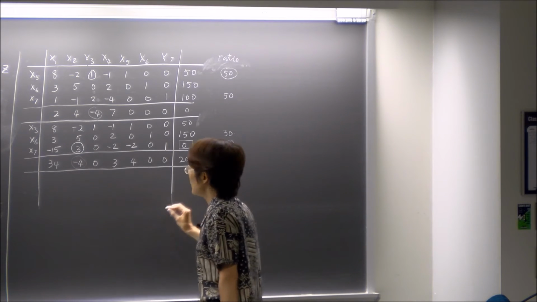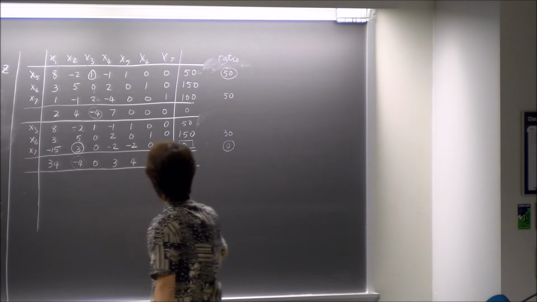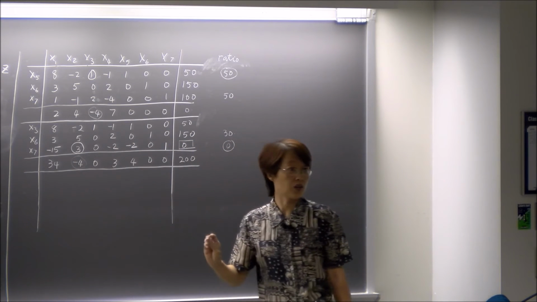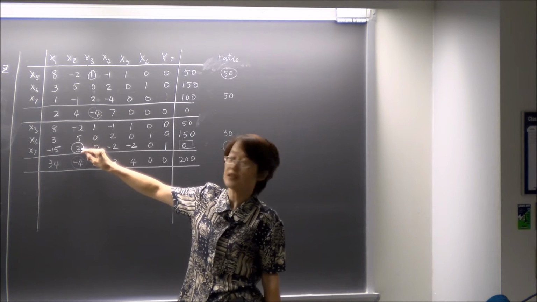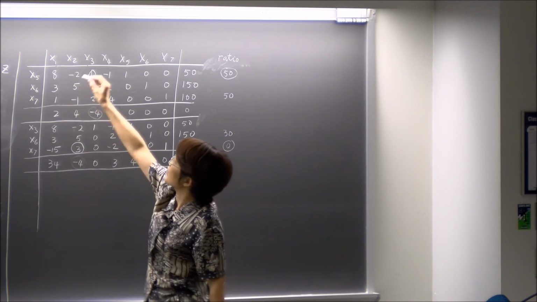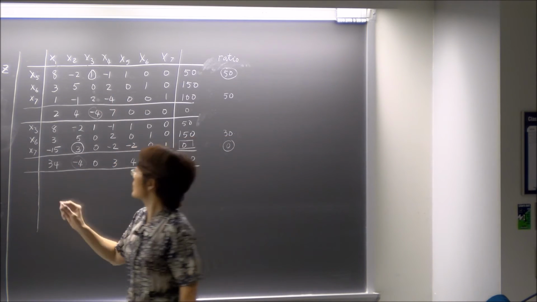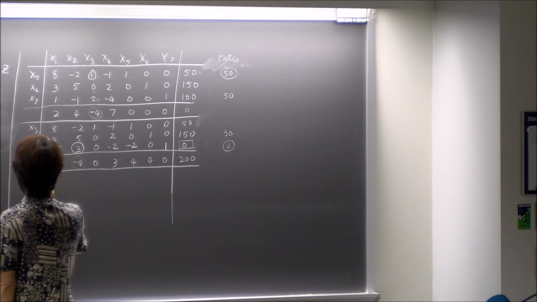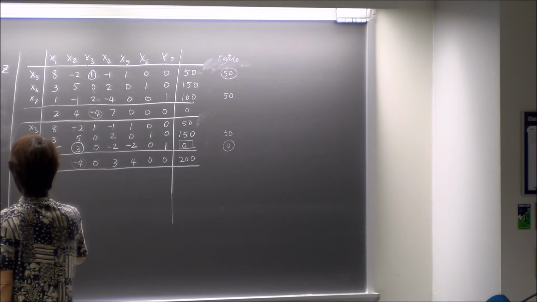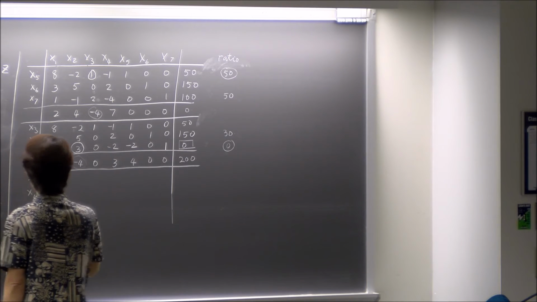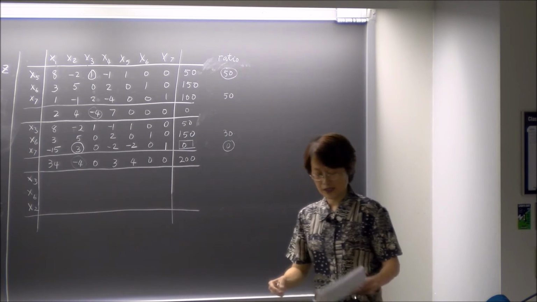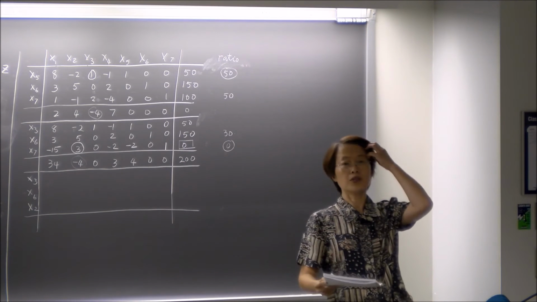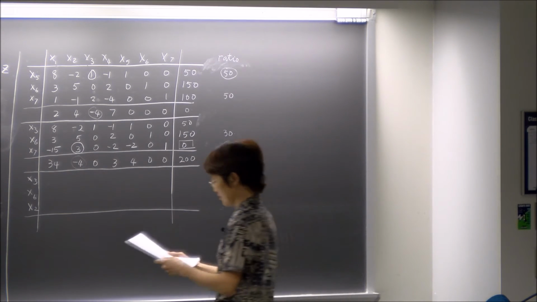So are we comfortable with this pivoting? May I just write out what I will have after I decided to pivot right here, replacing x7 with x2? So I will have x3, x6, and x2 now as my basic variables. May I just write out the result? Let's see.